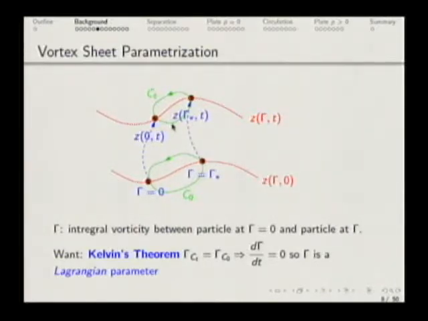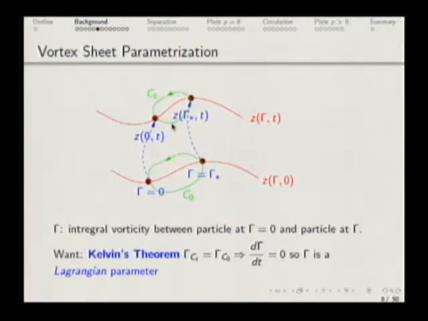I can do that at time 0. Then I move this sheet: the point that starts out at gamma 0 at time 0 moves to gamma 0 at time t, and gamma star at time 0 moves to gamma star at time t.